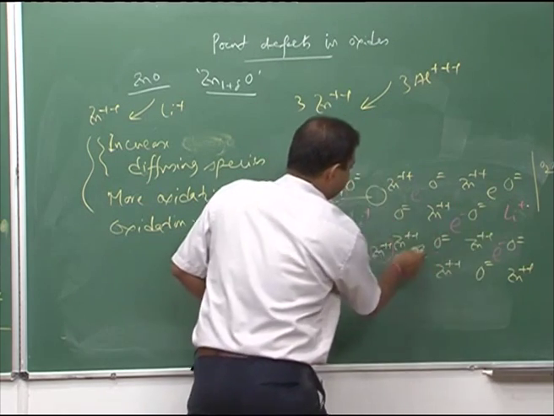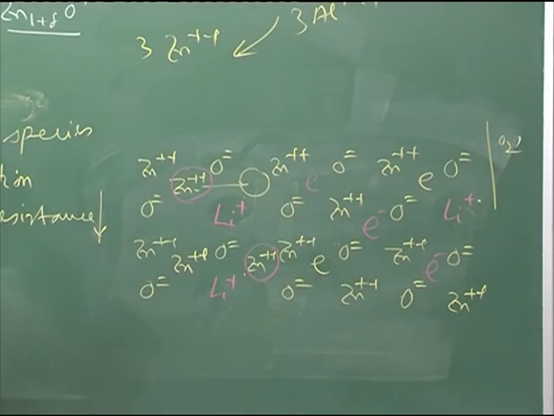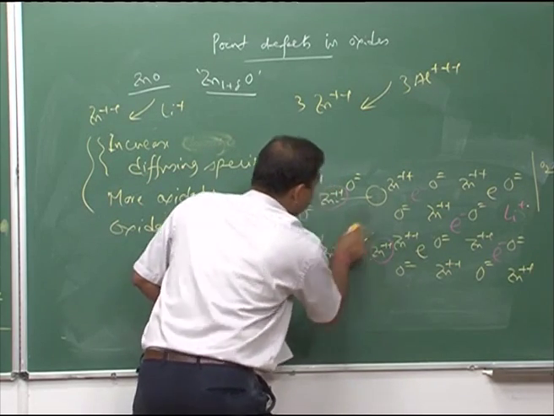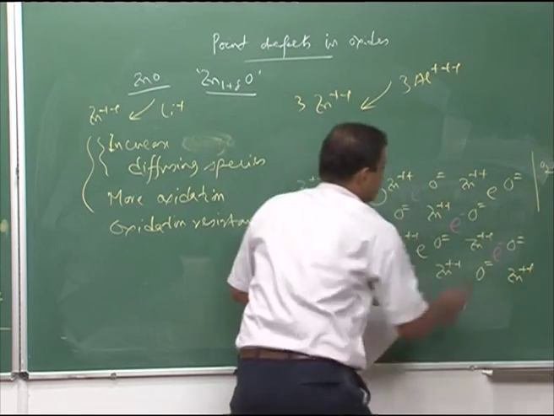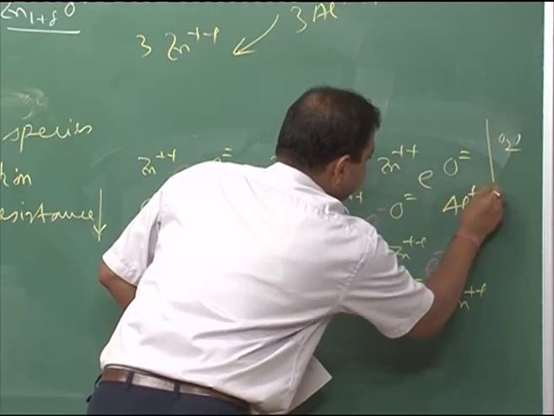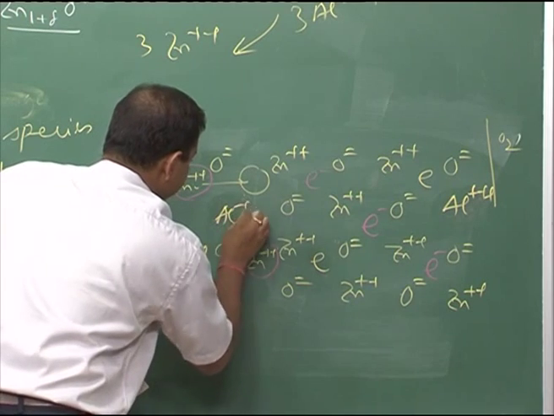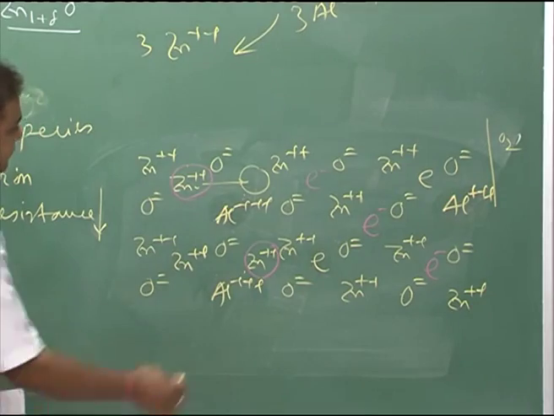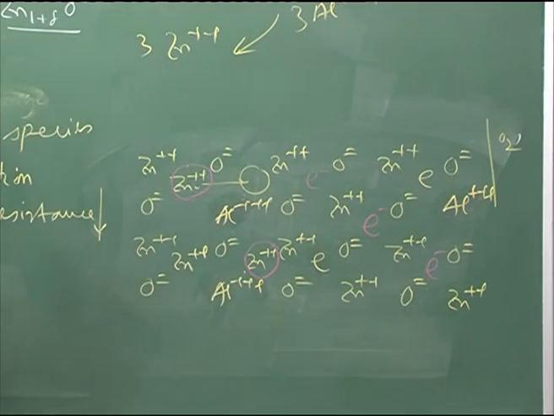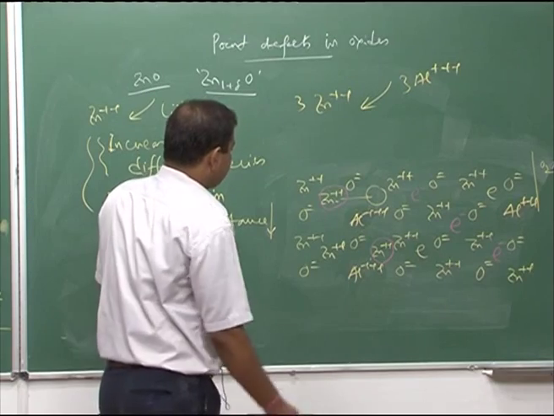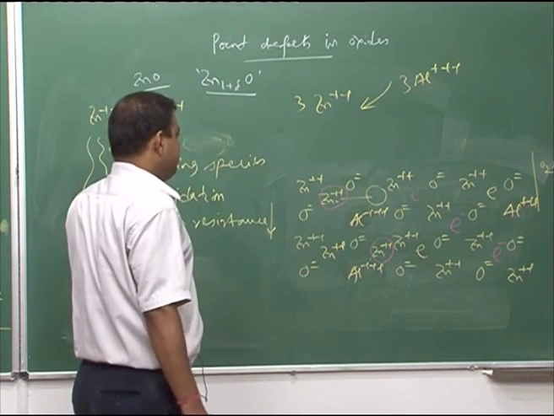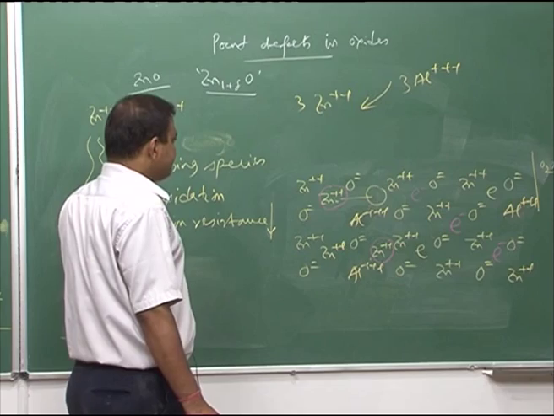So, if we make it 5 electrons, that means we balance. So, this would be replaced by aluminum plus plus plus. In that case, if we make 5 electrons, we see that 2 extra positive charges are remaining, which are to be balanced.